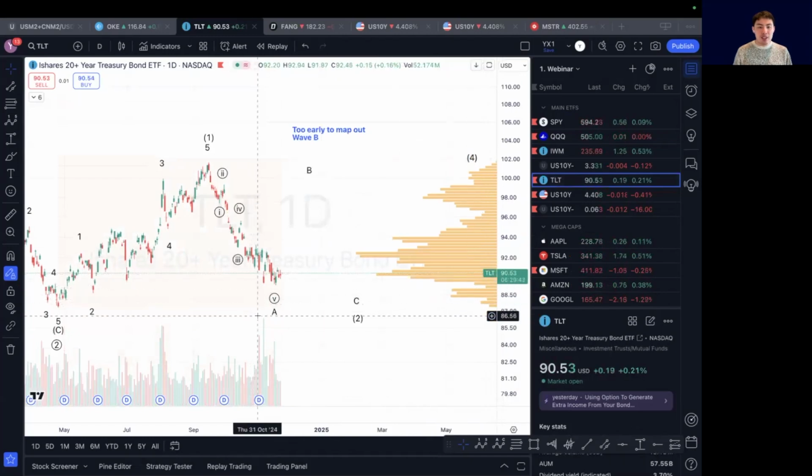TLT is taking quite a lot of time trying to consolidate in this bottom zone. And I do think we've put in a low here, but technically speaking, we haven't seen enough evidence to suggest that we are going to bounce. I do think we're putting a low here because of how tight the market is already pricing for the Fed's subsequent decisions, only 75 basis points priced in.